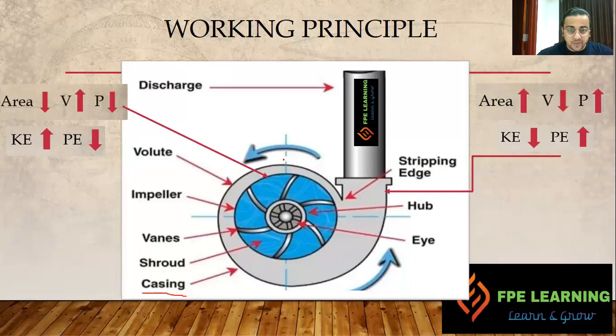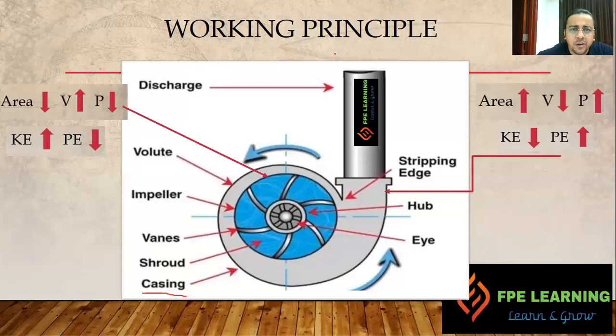So at the outlet of those vanes, the velocity is maximum in the centrifugal pump. And after the liquid leaves the impellers, it enters the casing where expansion of the cross-section area occurs. Now this cross-section area plays a major role in converting the kinetic energy of the fluid to the potential energy, or hydrodynamic energy, the one we discussed in the basic definition.